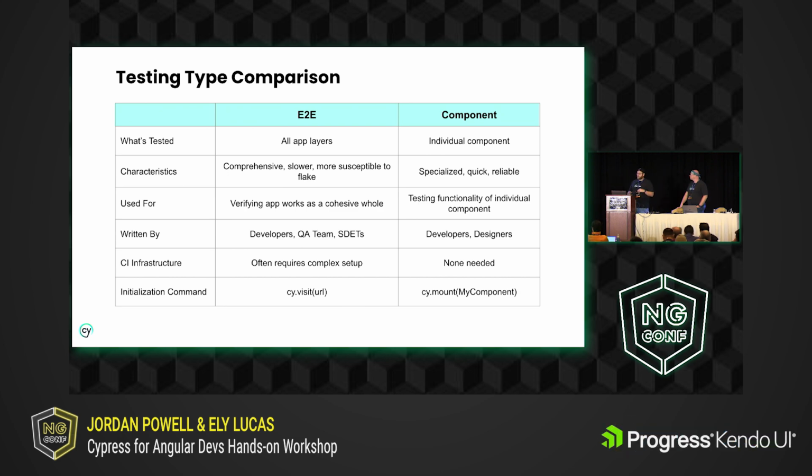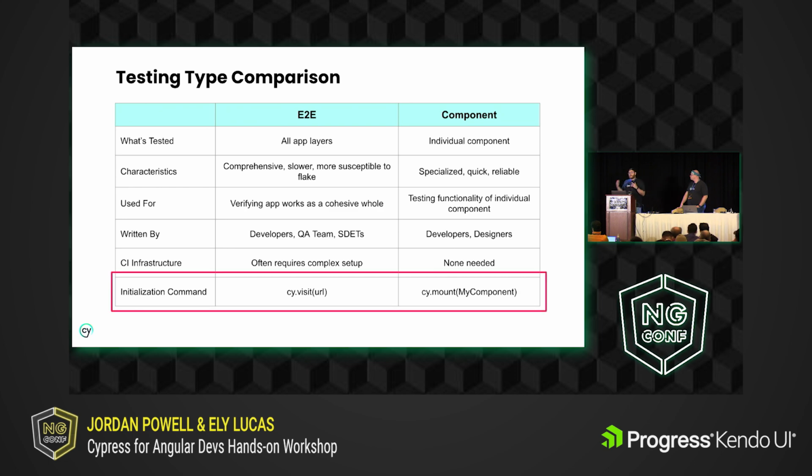But the one thing I want to really highlight is this right here. The main difference when you begin writing component testing, beyond just the mentality of what's the difference I'm testing, is how you initialize the test. So in Cypress end-to-end testing, you essentially initialize the test by visiting a URL, your home page or whatever the URL is.